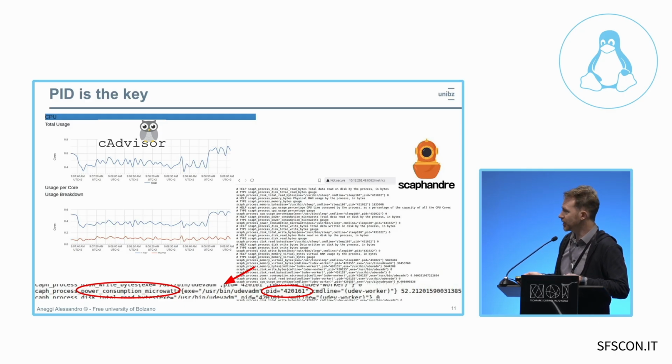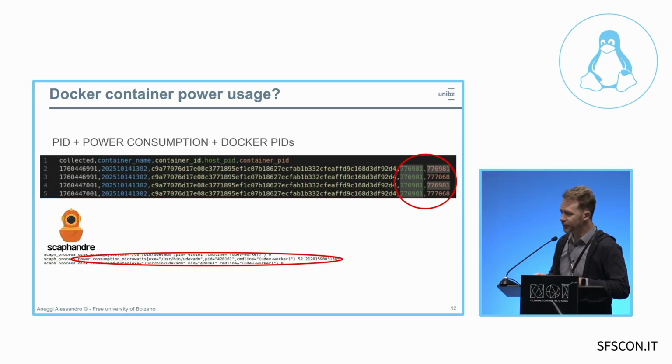about the power consumption. So the main problem with containers was that each container can use multiple PIDs, and we have no idea when this happens, because it depends on what is inside the container and what the software is doing. So in the end, we collect the data from different sources.